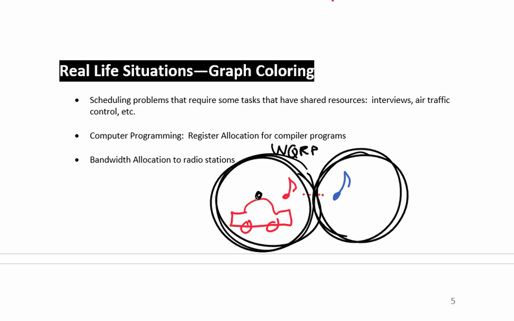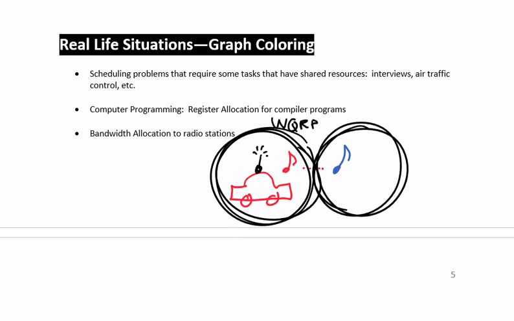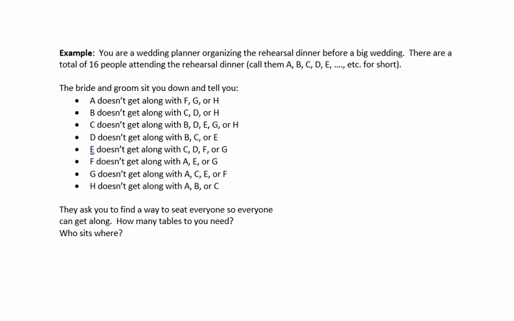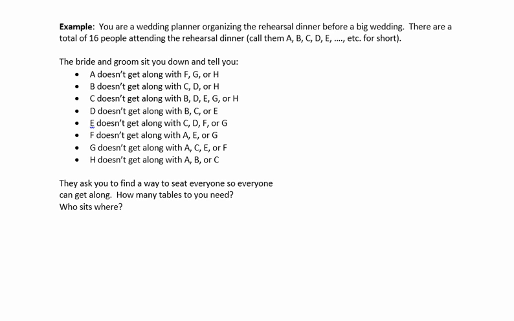So your radio can only pick up that signal while you're in that station. As soon as you drive out, you're going to turn into a different station. So you can think about this as being a different color, or things that can't share the same frequency. If you have two stations that are too close to each other, you can't have the same dial station on there.